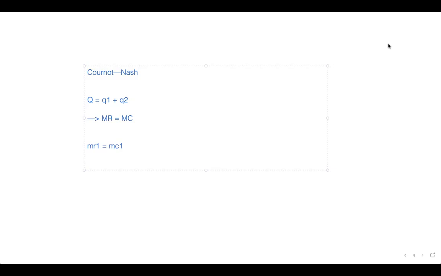So the idea in Cournot-Nash equilibrium in a duopoly model is that you only have two firms supplying to the market. I don't know what's a really good case of duopoly in the real world today.